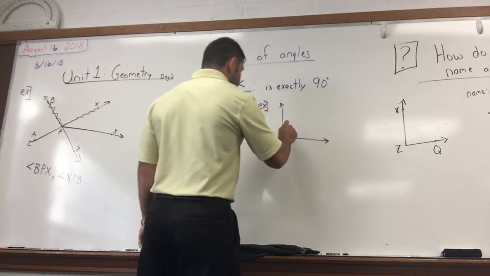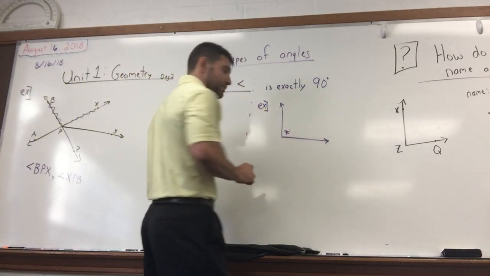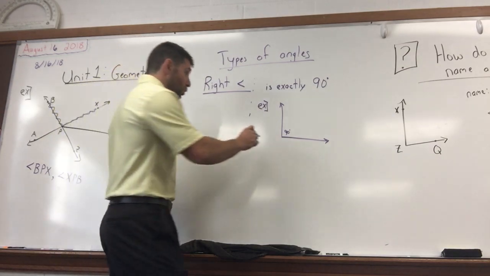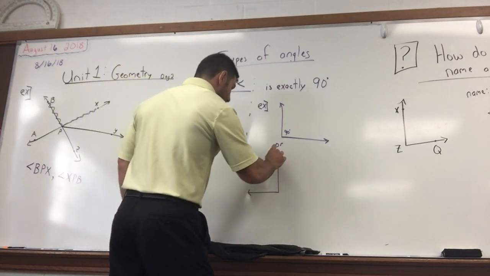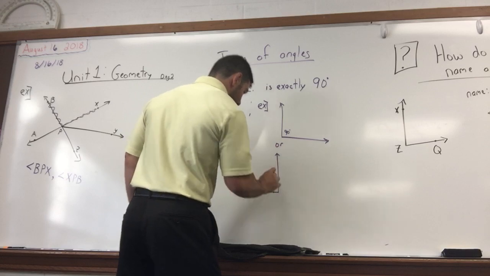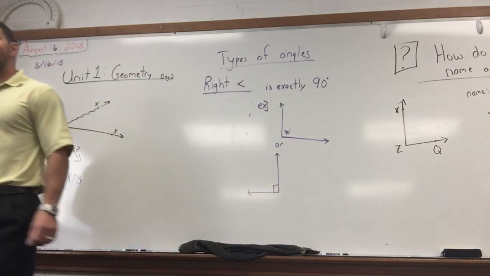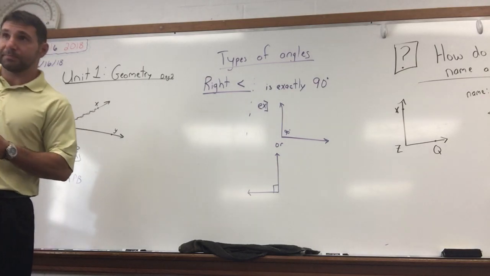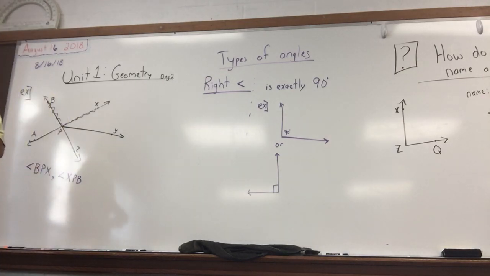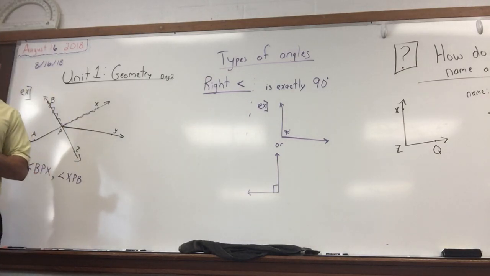We can either say that it's 90 degrees, or by putting a box at the vertex. Because a right angle is nothing other than 90 degrees. Okay? It's perfect. It's our perfect angle.